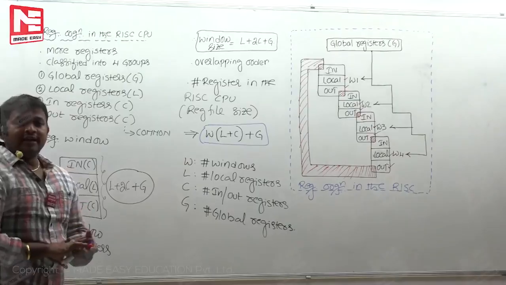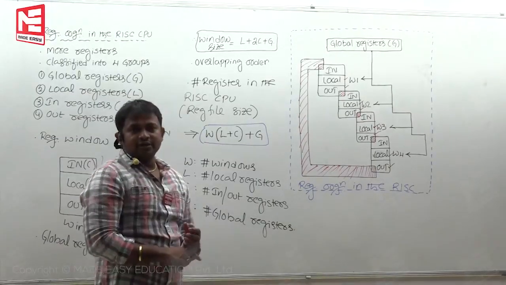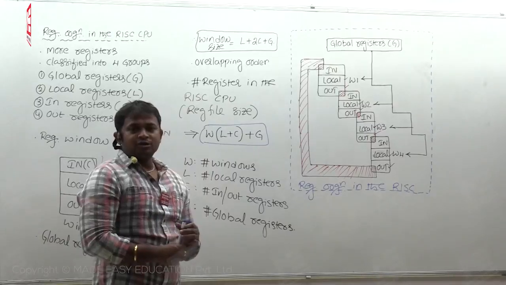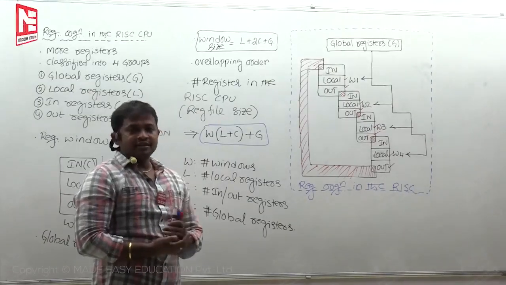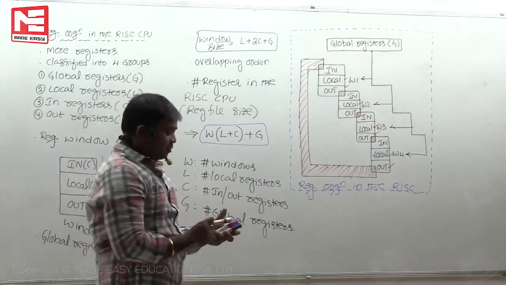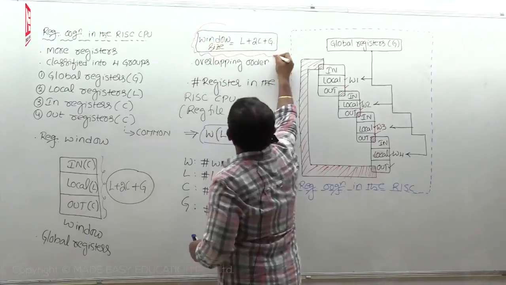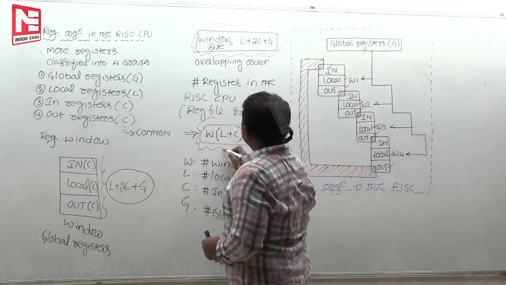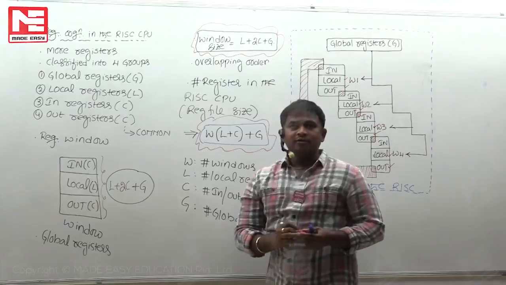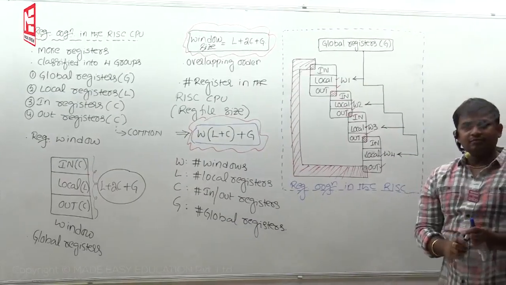So in this way, in the RISC computer, registers are organized. In this concept, there is a possibility of two questions: what is the window size and what is the register file size? So remember these two formulas. This is the window size formula and this is the register file size formula. By using these two formulas, we can directly answer the questions.